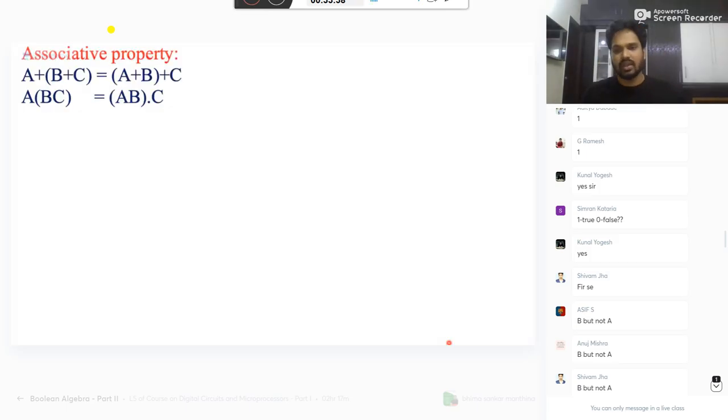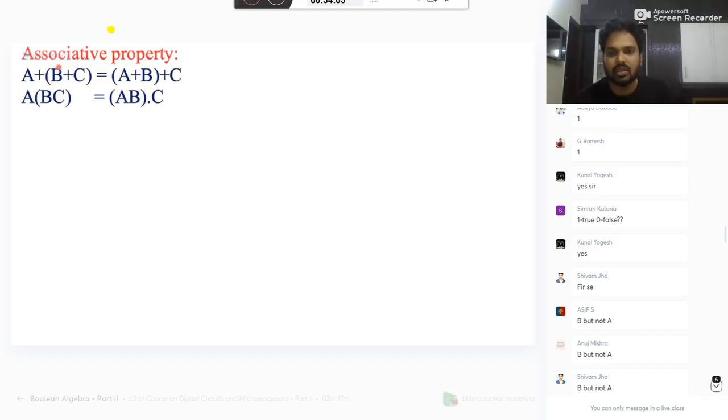So the next one, associative property. What is associative property, sir? Is order having any meaning or not? That is what we call associative. Please see, you have three variables A, B, C. Please remember, our plus means OR.